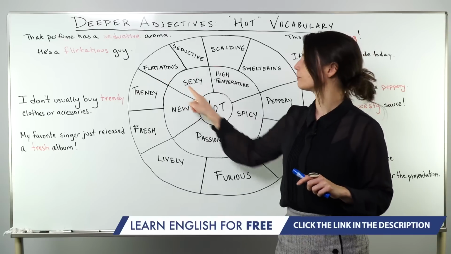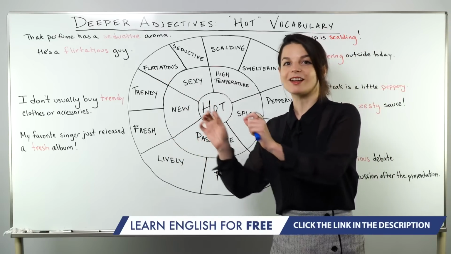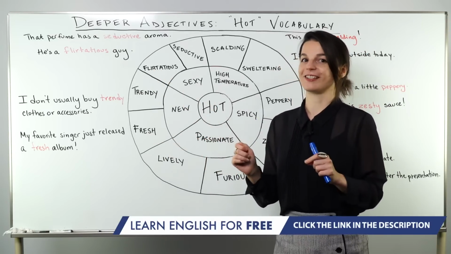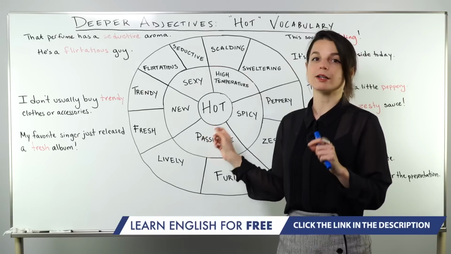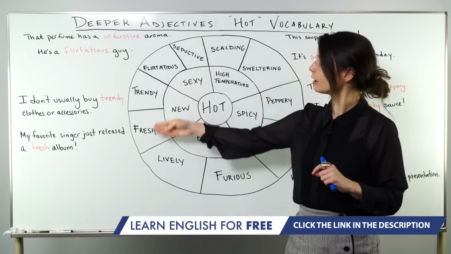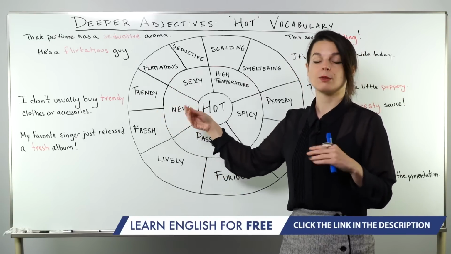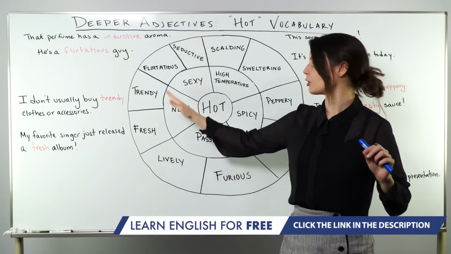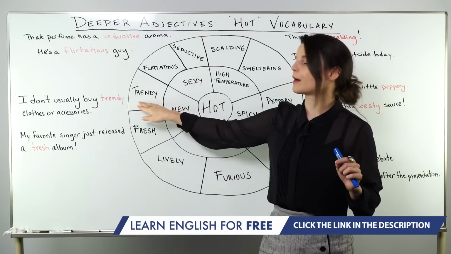Okay, let's continue on to the next sense of this word. The next one is new. So when we say that something is hot, like a hot product, for example, it refers to the product being new. Here are a couple more words that you can use to be more specific about your use of new. First is trendy.